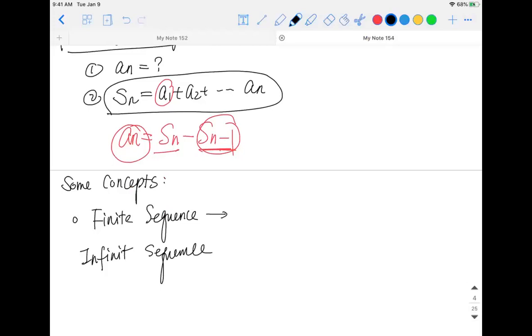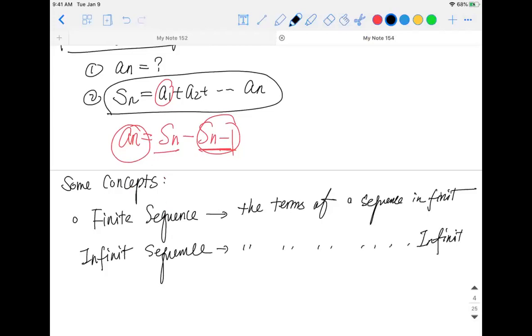A finite sequence means the terms of a sequence are finite. You have a limited number, only 10 items, only 10,000 items. It doesn't matter. As long as the total number is limited, it's a finite sequence. And the other one is when the total number of terms of a sequence is infinite. Then we call it an infinite sequence. So this is a way to classify a sequence, right?